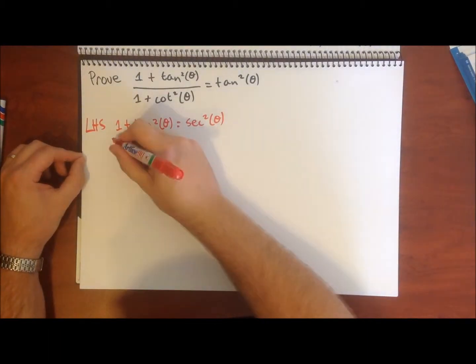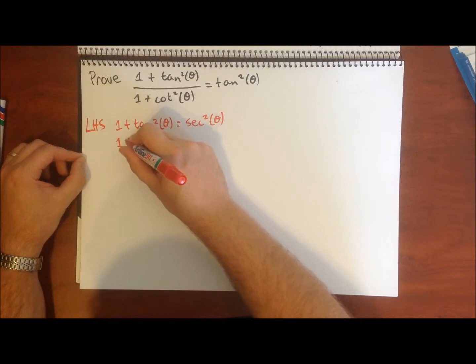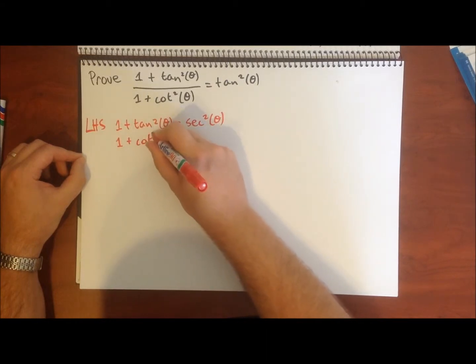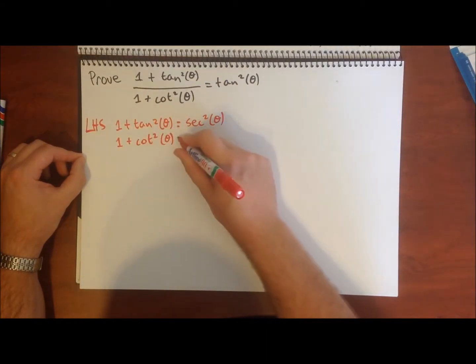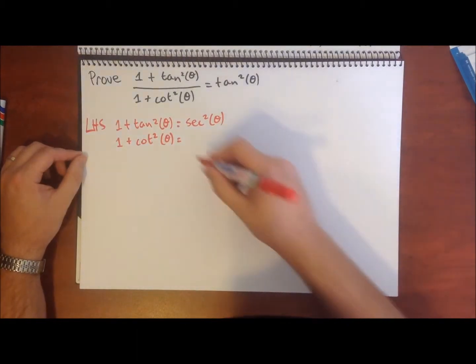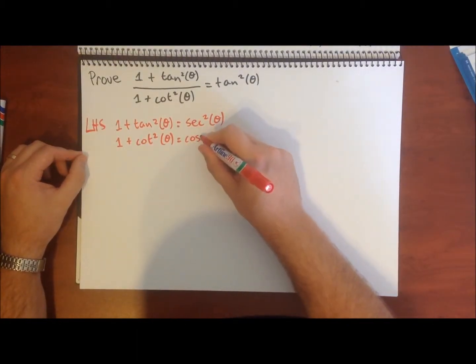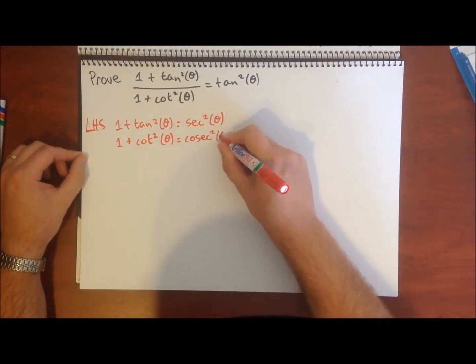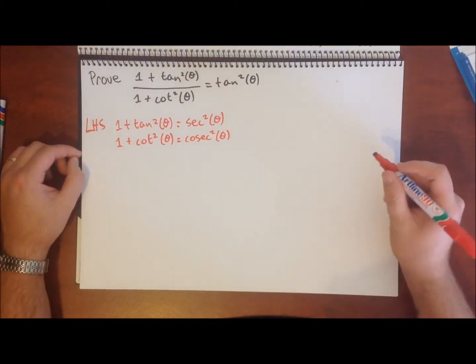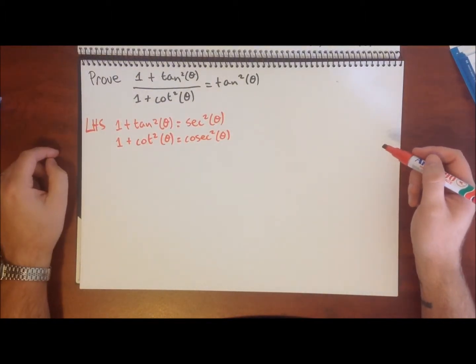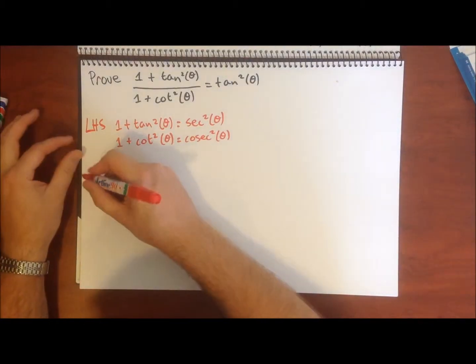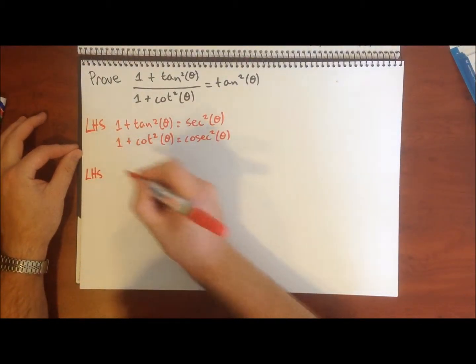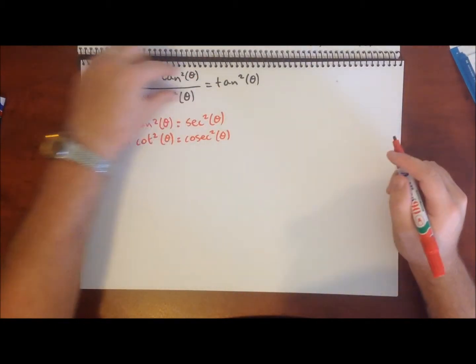And that 1 plus cot squared theta is equal to cosec squared theta. So again, they're both identities that we used earlier. Then we can say, this left-hand side, and notice how I'm just saying left-hand side, I'm not writing all this part out again.